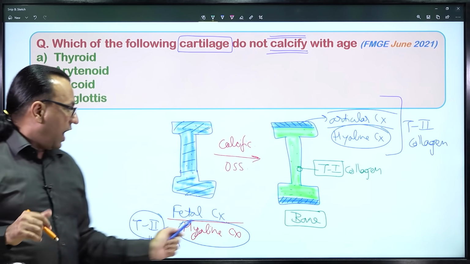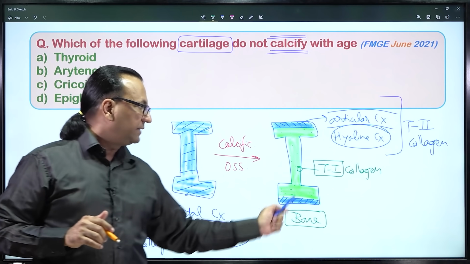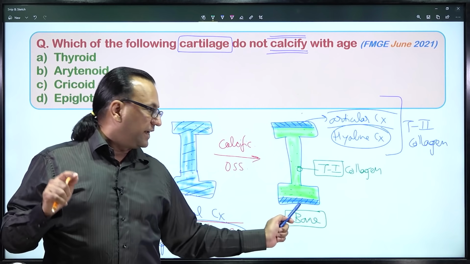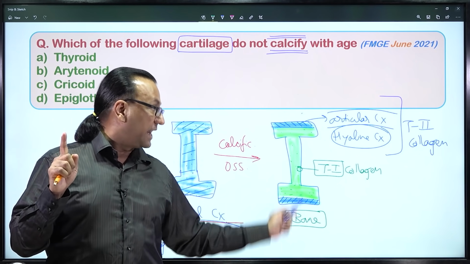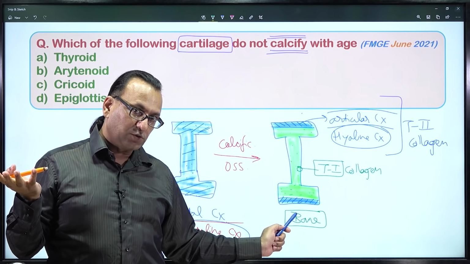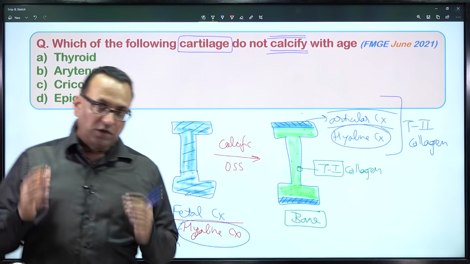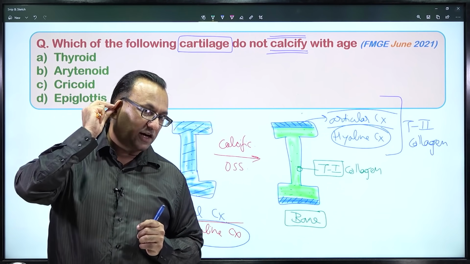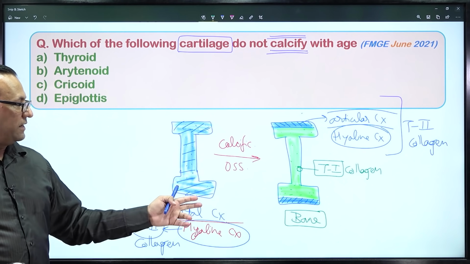So remember, hyaline cartilage has a very high tendency to calcify and ossify, except the articular cartilage. Articular cartilage does not calcify, does not ossify. This comes as an exception as a question as well. Then which other cartilage does not calcify or ossify? The elastic cartilage, like you see in the pinna of the ear, does not calcify or ossify. Then what about the fibrocartilage?